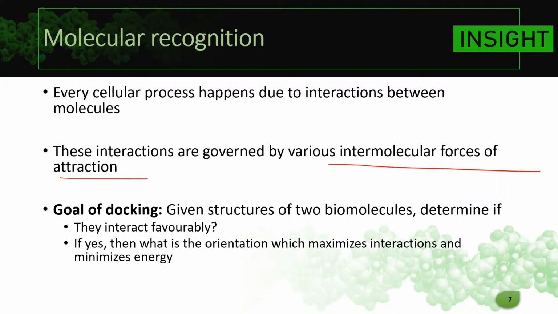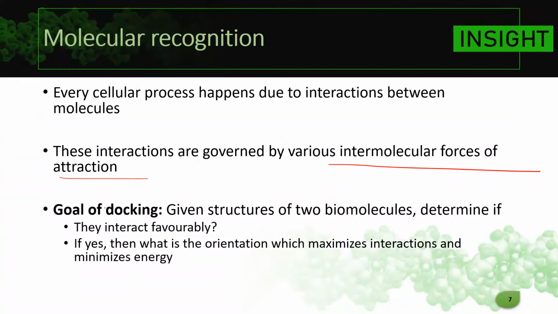If the forces are repulsive in nature, they will very quickly go away from each other, and they will start looking for some other binding partners where they can actually undergo a chemical reaction. So if we can understand the basis of these intermolecular forces of attraction, we will be able to judge these interactions just based on the structure, or the atomic arrangements or atomic composition of the molecule. That's the whole idea behind molecular docking.